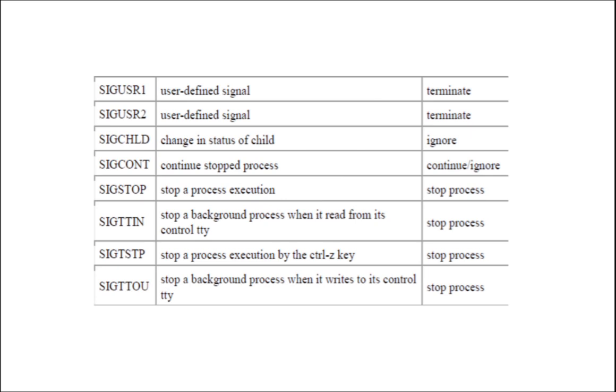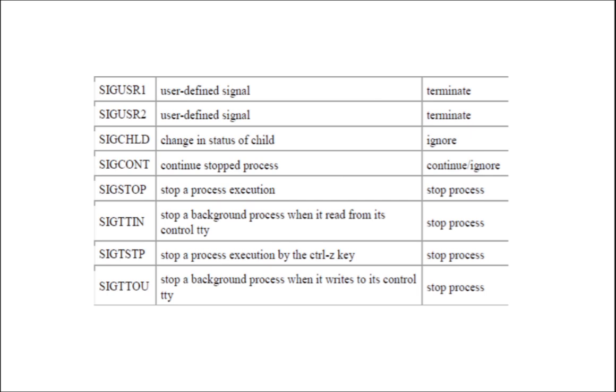Next, SIGTTIN. What it will do is stop a background process that reads from its control TTY. When a background process wants to read from its control terminal, it is going to be stopped. The default action is stop process.